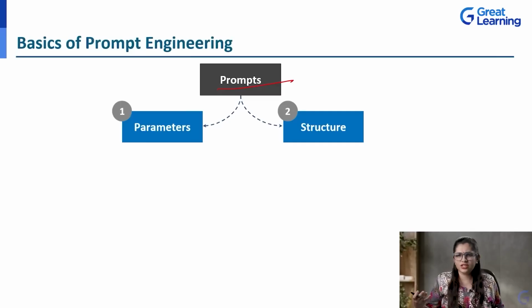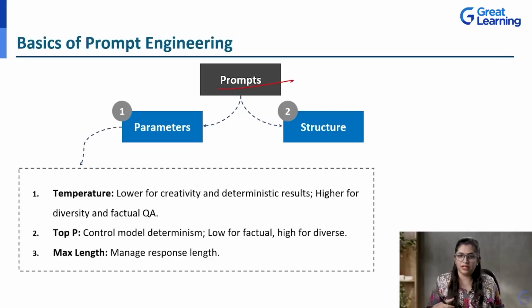Now, structure is one thing that we'll talk more about, and parameters here, let me explain. I have only selected a few parameters. You can search more. There are more parameters on which prompts work. Majorly, here we are highlighting only 3 parameters, that is temperature, top P and max length.